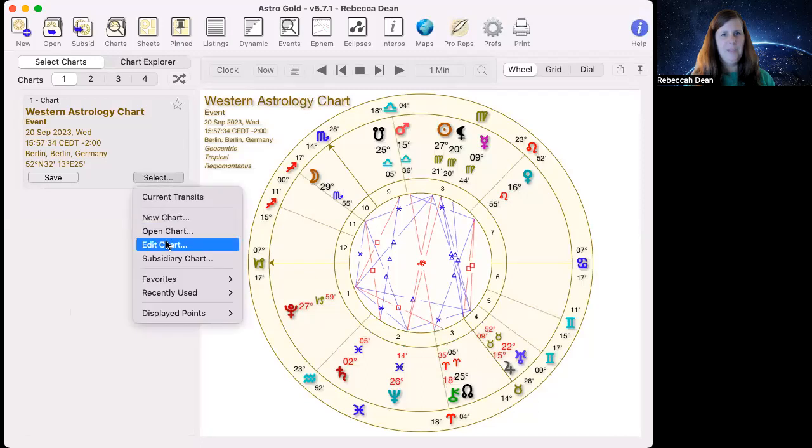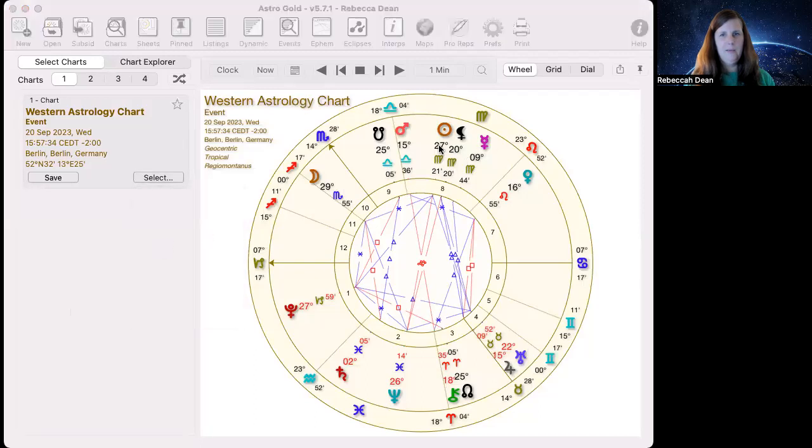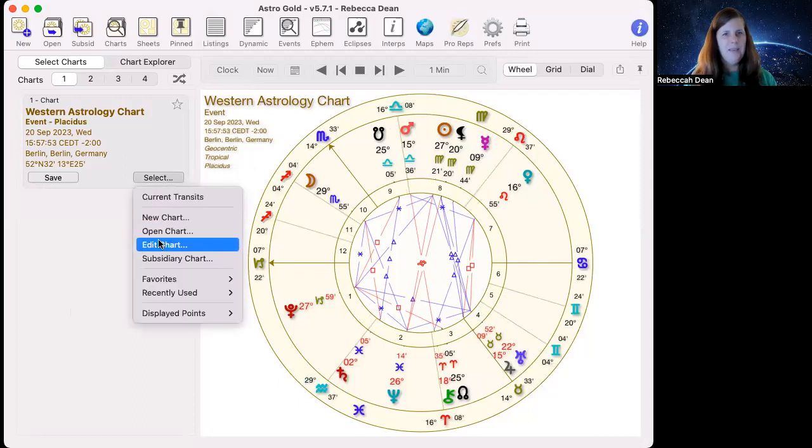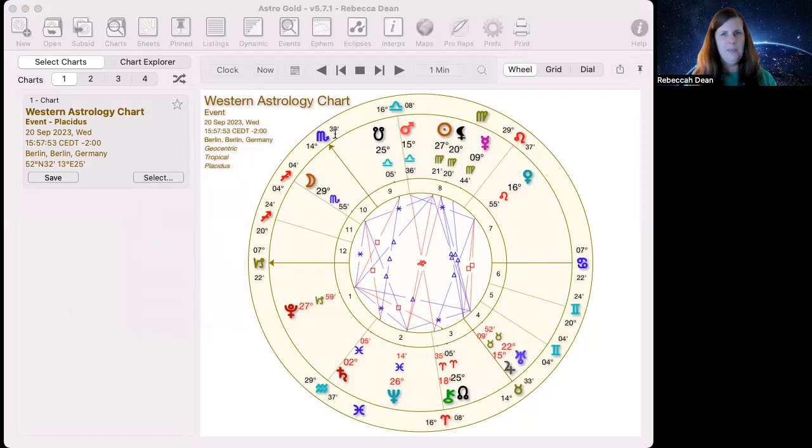Okay, now let's change the house system here. This is also all the different houses you can look at. And believe me, there are lots and lots of fights about which one's the best. That's another topic that I also don't want to get into here. We'll go for Placidus this time. No, that's too easy. Let's do it maybe for tomorrow.